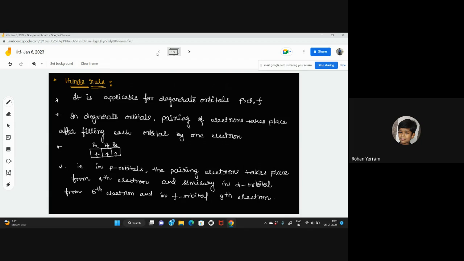In each orbital, how many electrons can we fill? In p orbitals, how many electrons can we fill? Six, sir. There are three orbitals, and in each orbital we can fill two electrons, no? Sir, so more than 6 we can't fill. Yes, okay.